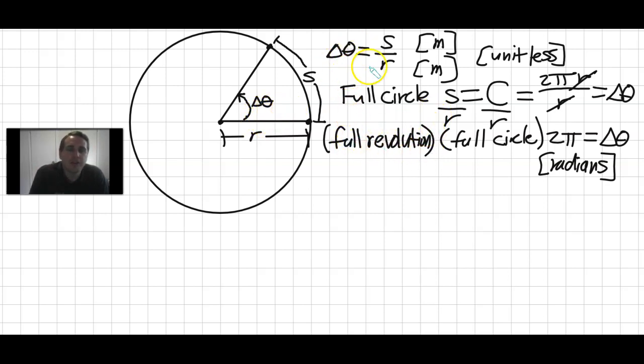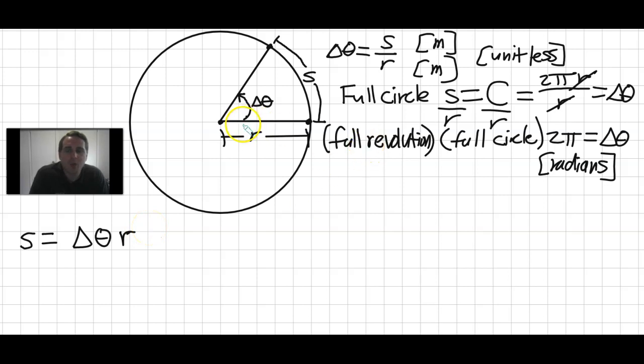Okay, so this leads us to an important equation. Notice that delta theta times r is going to equal s. So we can say s is equal to delta theta times r. Okay, so we'll keep that equation over here. And in fact, I'll label this equation with 2 other equations that are very similar afterwards.